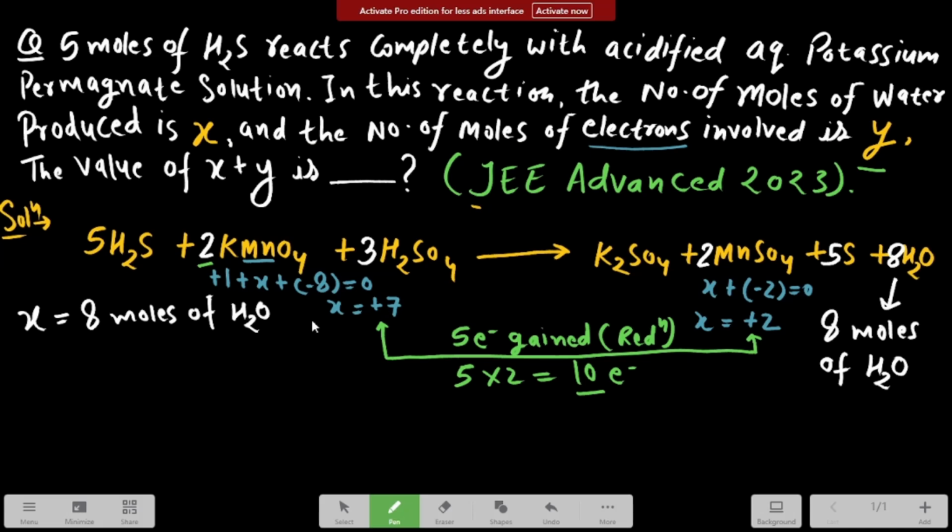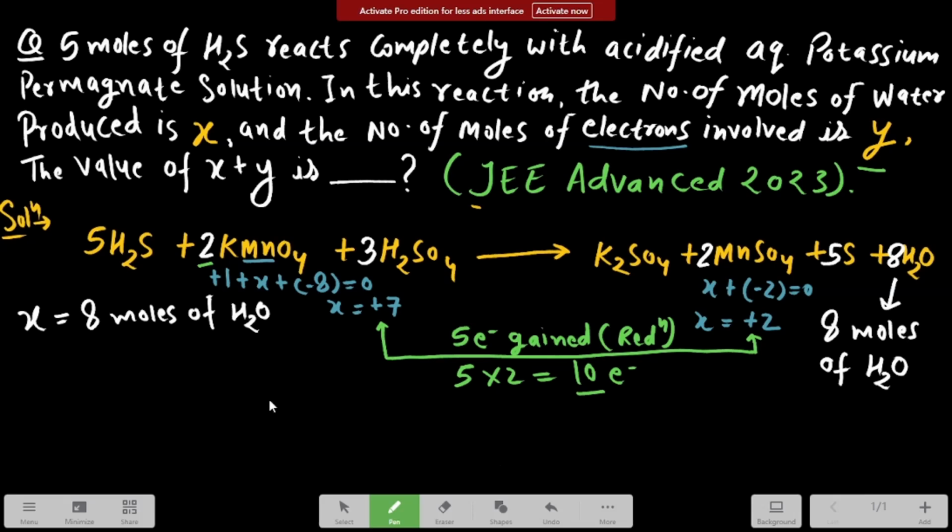You can also see it like this: the stoichiometric coefficient is 2 and here is +7, so 7 into 2 is 14. And +2, and 2 is the stoichiometric coefficient, so it is 4. So 14 minus 4 equals 10. You can also calculate like this.